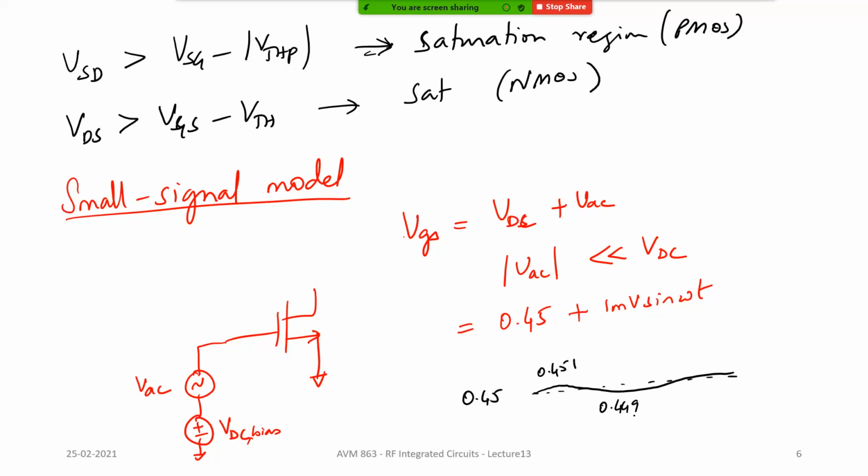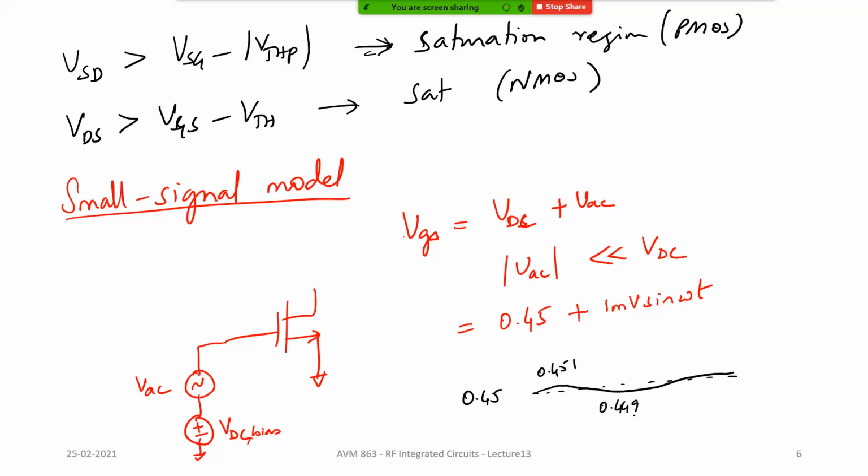It can also be like 10 millivolts and so on, but basically if your signal is very small when riding on top of the DC voltage, it is called a small signal, and we can understand the behavior of the device for the small signal. The behavior deviates as you keep increasing the amplitude, but that's a different thing.